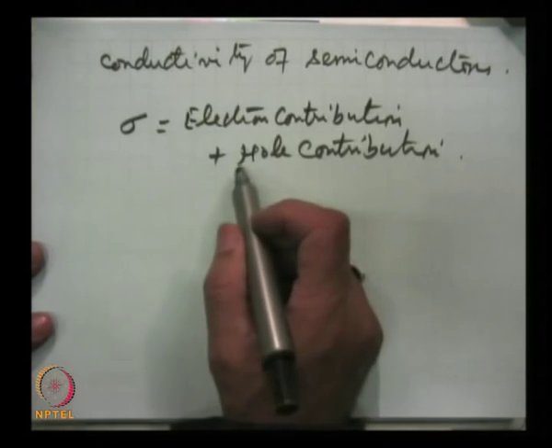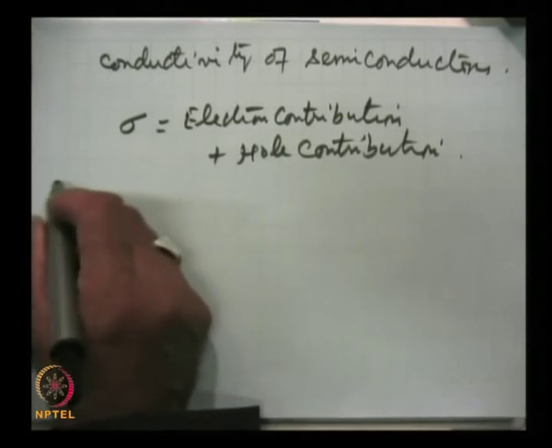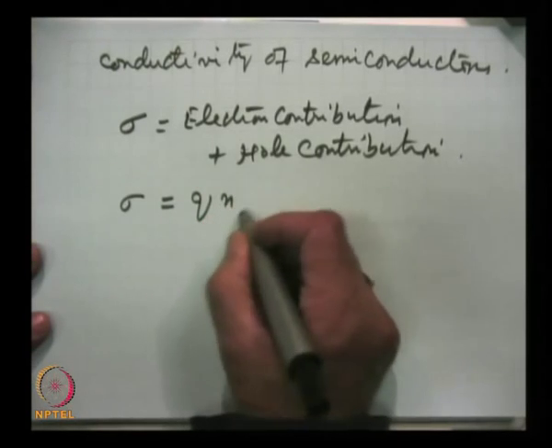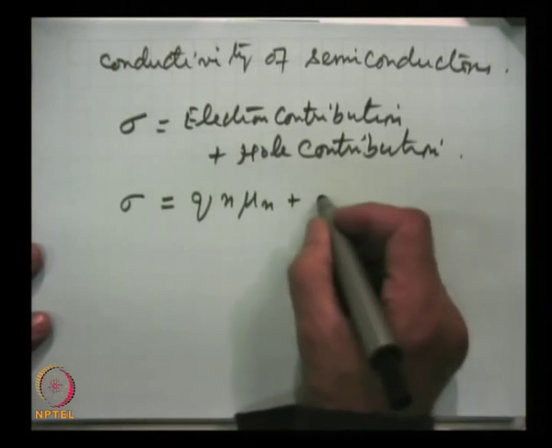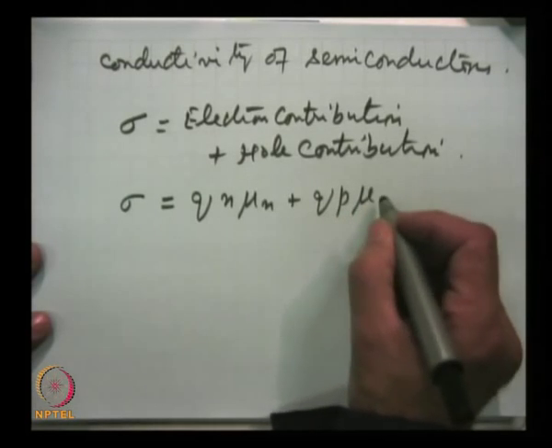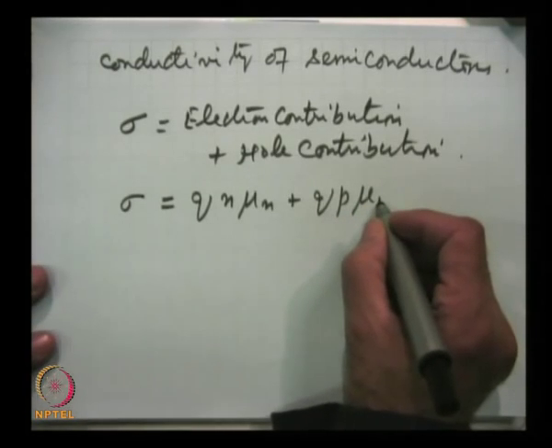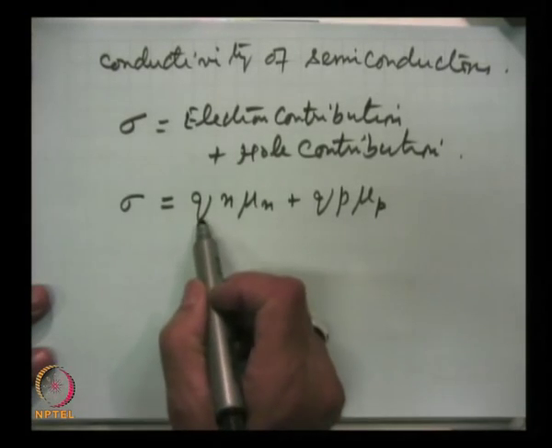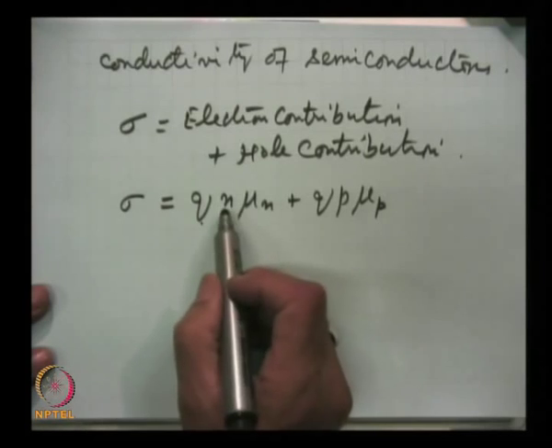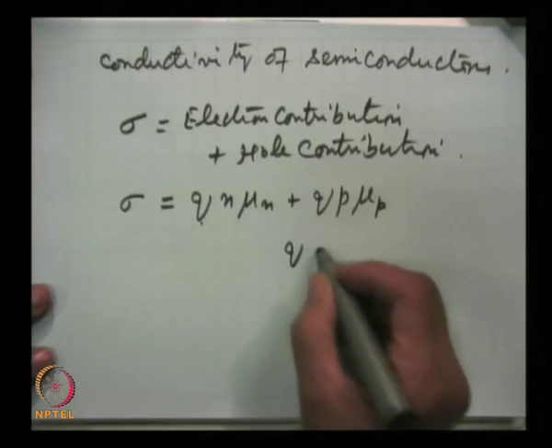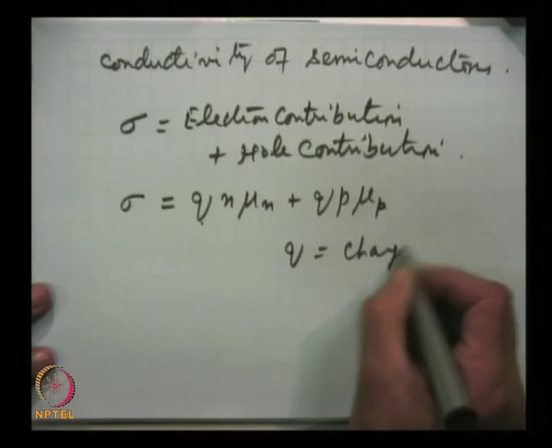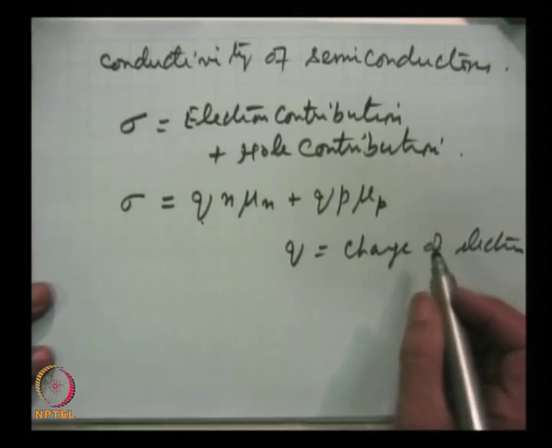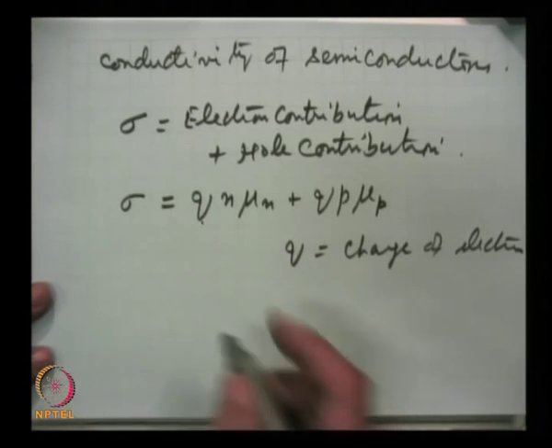Here Q is the electronic charge, the charge of electron, which is equal to the charge of hole. Sign is different, but we are concerned with the magnitude.